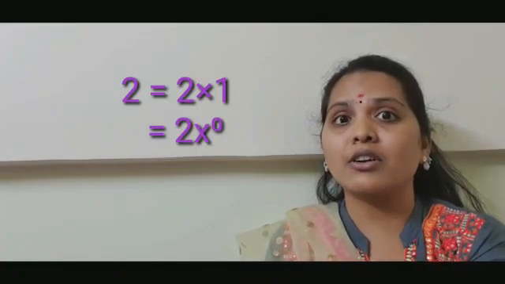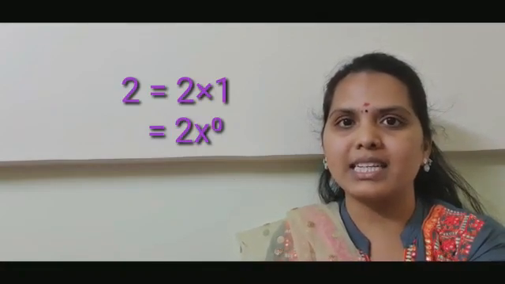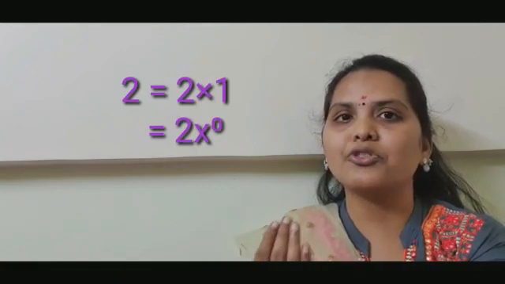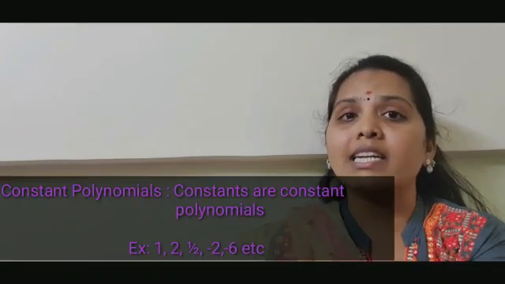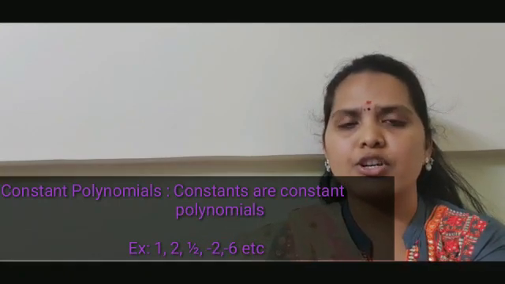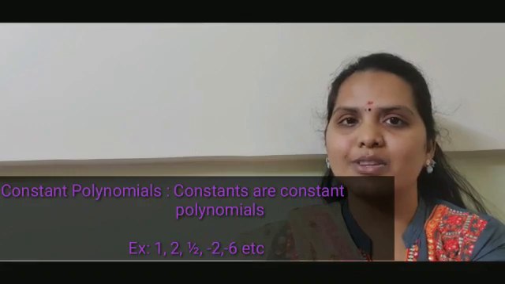So which type of polynomial is this? Numerical numbers like 2, 3, 4, 1 by 2, all these numerical values we call constant polynomials. So 3 is a constant polynomial, 5 is a constant polynomial, 6 is a constant polynomial.